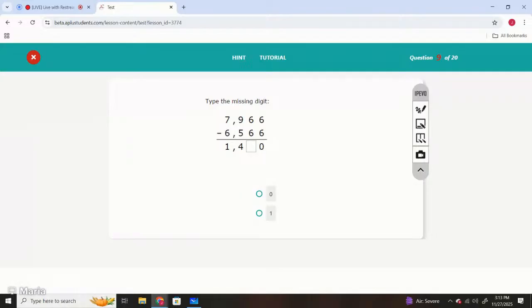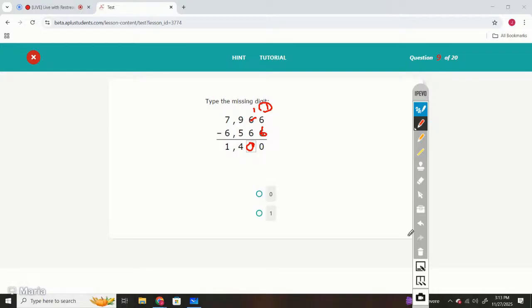Type the missing digit. So 6 take away 6 is 0. Then again 6 take away 6 is 0. 9 take away 5 is 4.